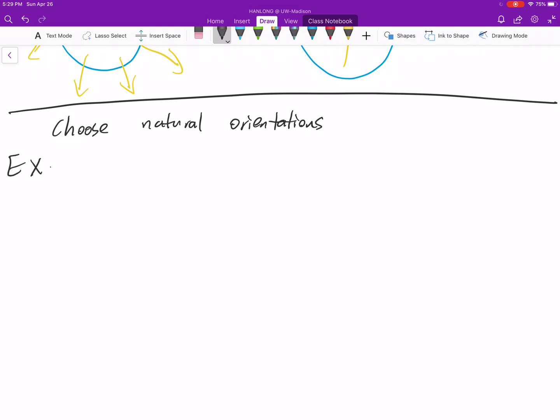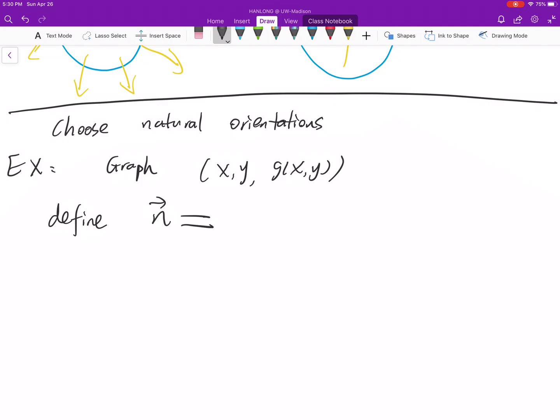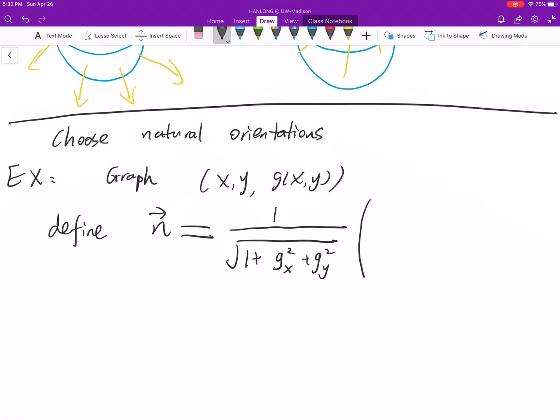First example, suppose we have a graph x, y, g(x, y). Then no matter what g is, we can always define the normal direction globally to be the following data. Outside you have a normalizing factor. It's just a constant, because you want the normal vector to be a unit normal vector, so you normalize it by some quantity.